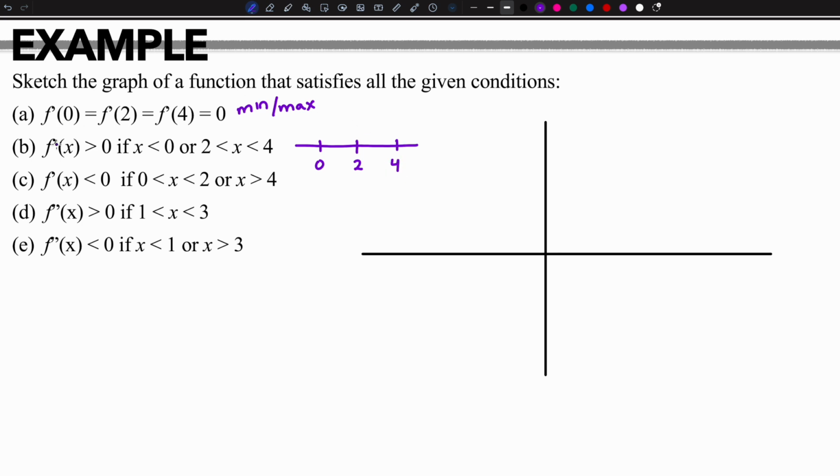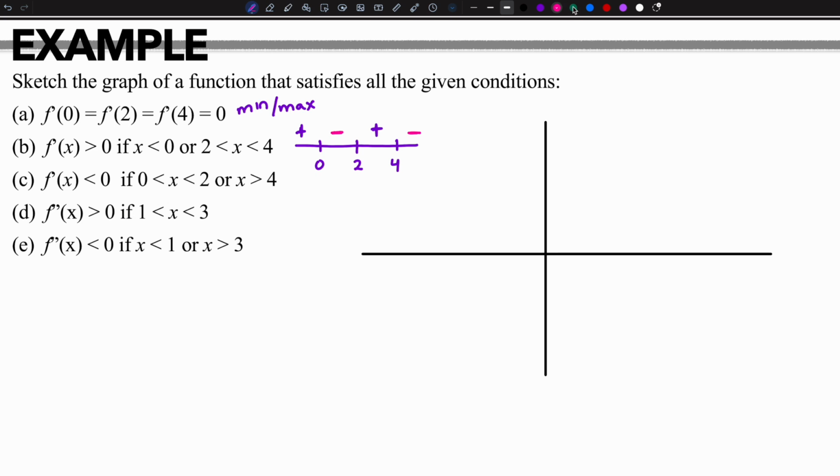So the first derivative is positive when x is less than 0, so it's positive here. And between 2 and 4, it's positive because it's greater than 0. It is negative between 0 and 2, and then when x is greater than 4, it's also negative.